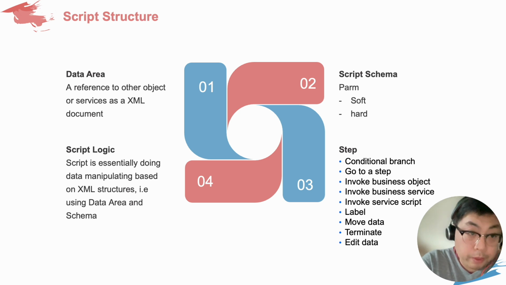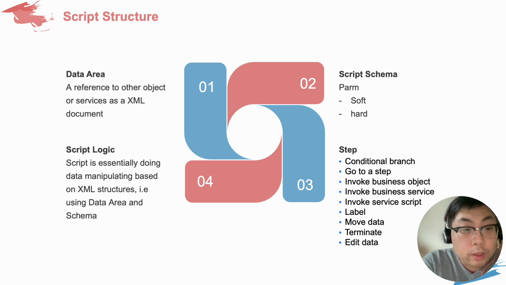So the script logic will understand what you're using. Okay, that is a very important concept. But also, what is important is that when a data area is defined on a script, the XML schema of that service is automatically added onto the script itself.